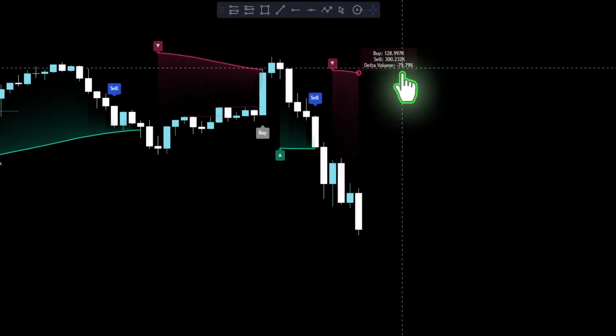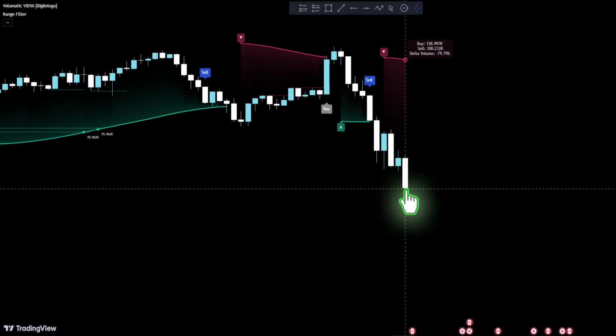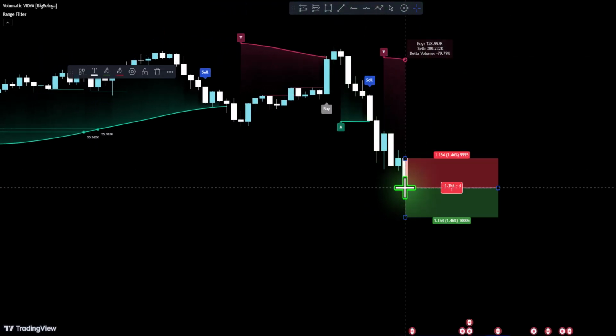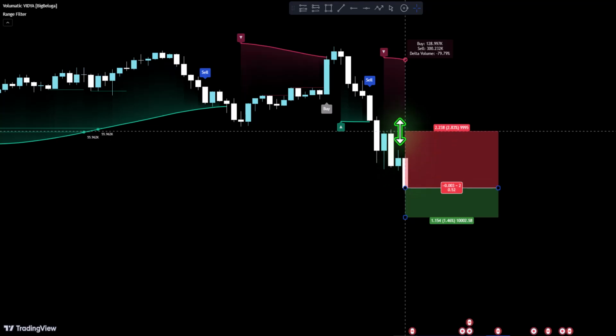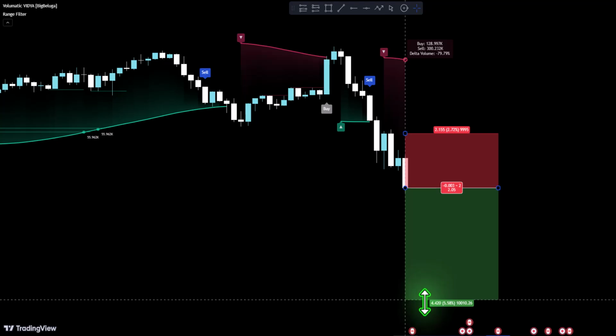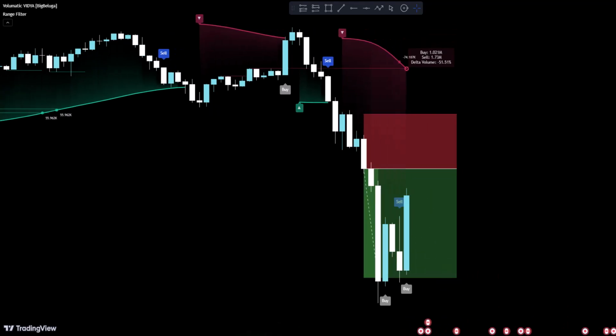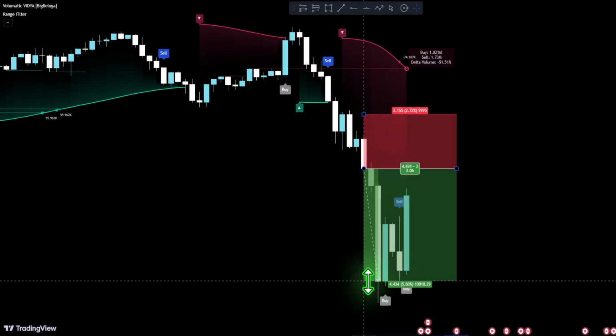Here we can see delta volume was above minus 20%, which is larger towards the negative side, when compared to our minimum of minus 20%. Then we can take a short position at the close of this candle and set the stop loss above this most recent swing high, and extend the profit target down to this level, giving you a valid risk to reward ratio. Looking at this trade, you can see that the trade was profitable.